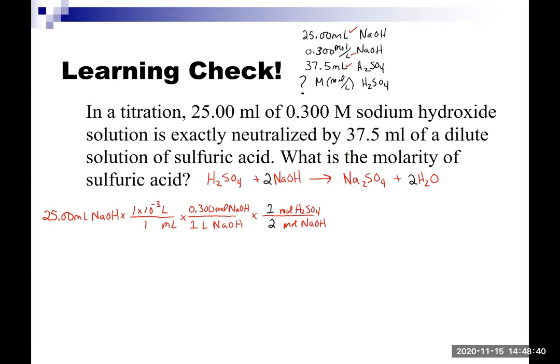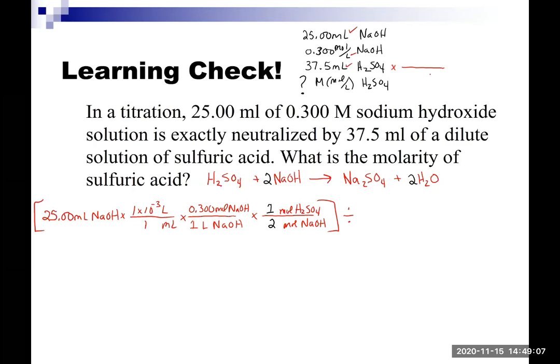Now, what we're being asked for, though, is molarity of H2SO4. So we have moles of H2SO4, but we need moles per liter. So if we need moles per liter, then we have to divide our moles of H2SO4 by our volume of H2SO4. And up top, we see that we have mL of it.